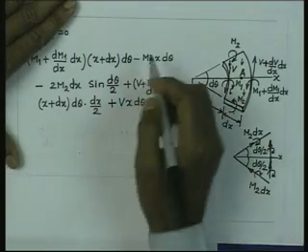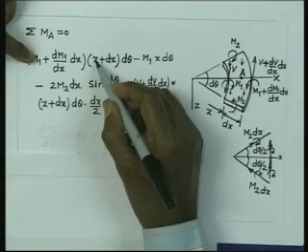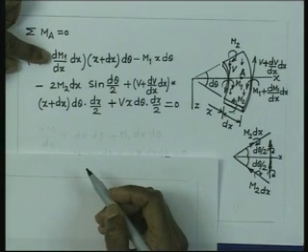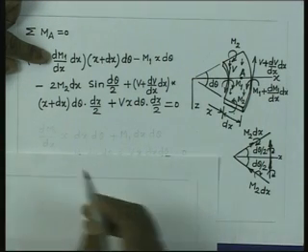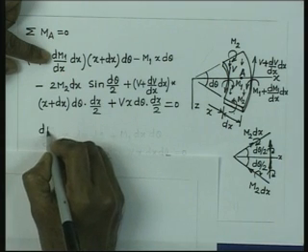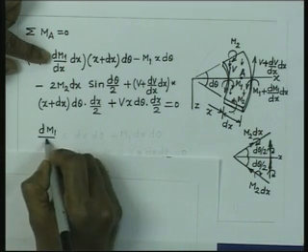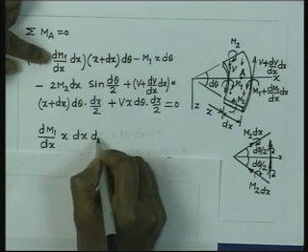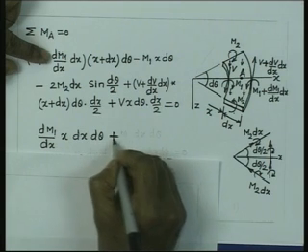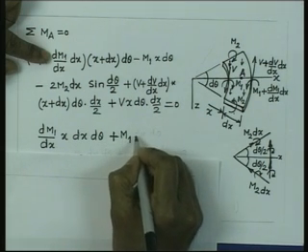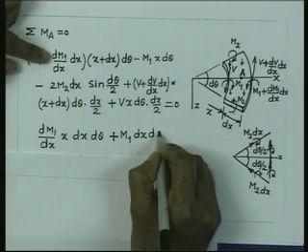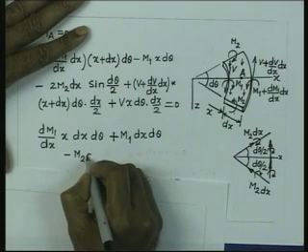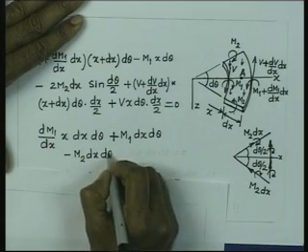Now, if I see the cancellation, this is going to cancel with this product, and now if we just consider the terms which are linear in dx and d theta, then all the terms that will be remaining are the following: x dx d theta plus m1 dx d theta minus m2 dx d theta.